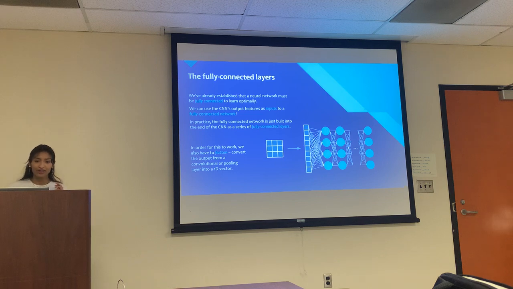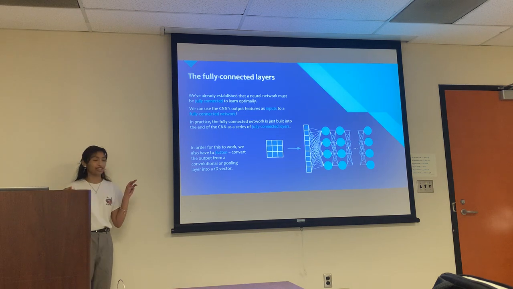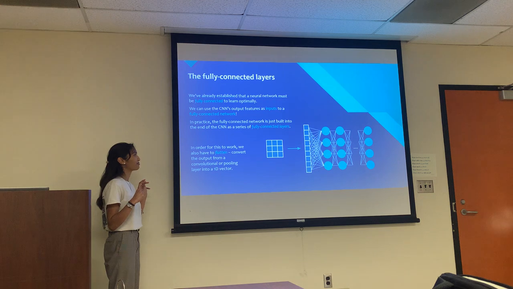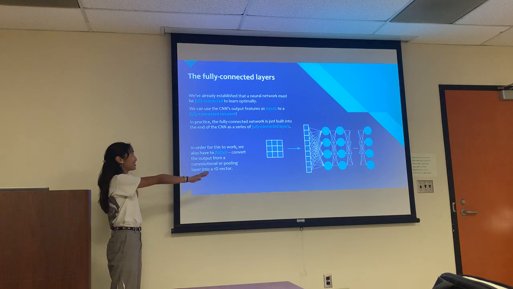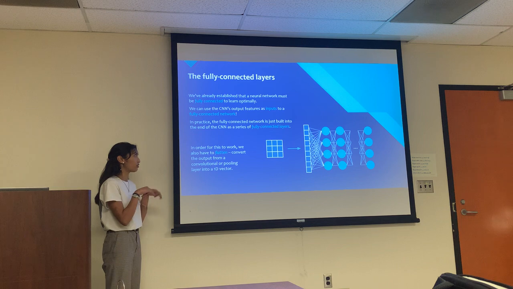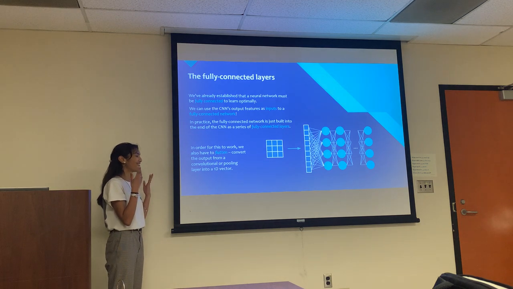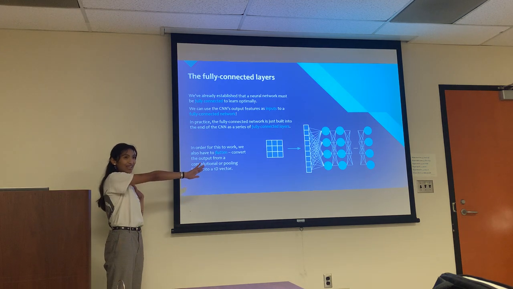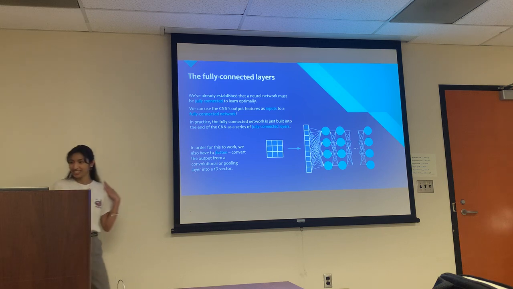Then we can use this as the input for the fully connected neural network that we're talking about with Justin. But to do this, we have to flatten or convert our output from the convolutional layer or the pooling into a 1D vector, so that it can be applied as such. Does that make sense?